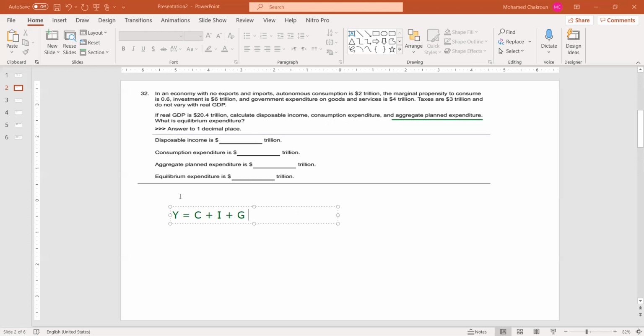But here it is said that there are no exports and no imports. So we don't need exports and imports to figure in the general expression of aggregate planned expenditure. So the aggregate planned expenditure is equal to C plus I plus G. How much did we define consumption expenditure?